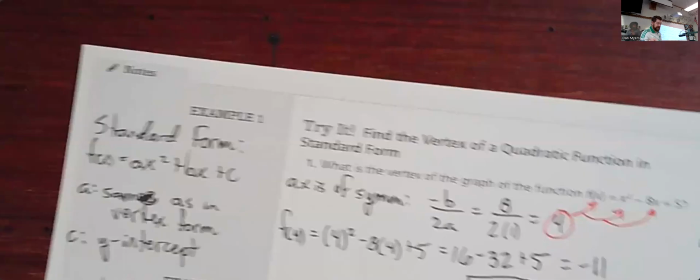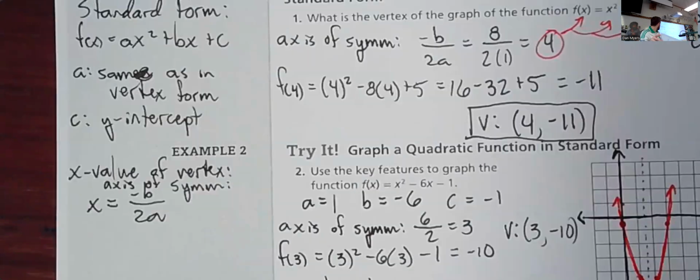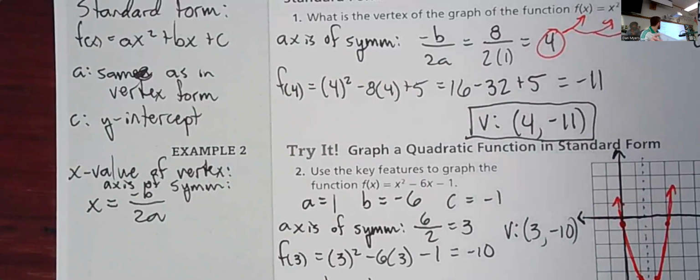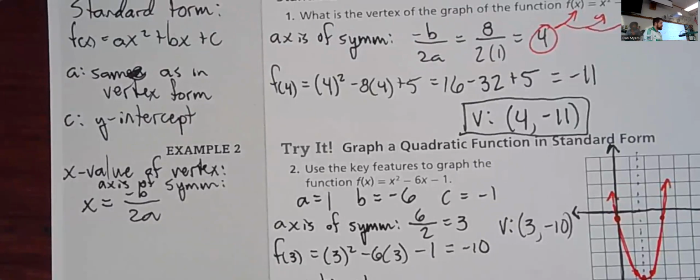We just took notes on it yesterday, and it was like right over here. What were we able to figure out from standard form? The axis of symmetry, the vertex. What else? There's a value in that function that is a specific part of the graph.